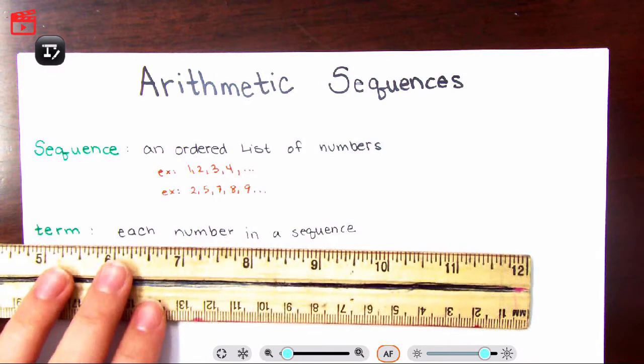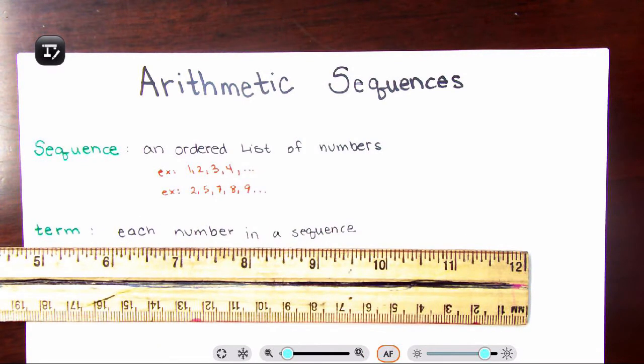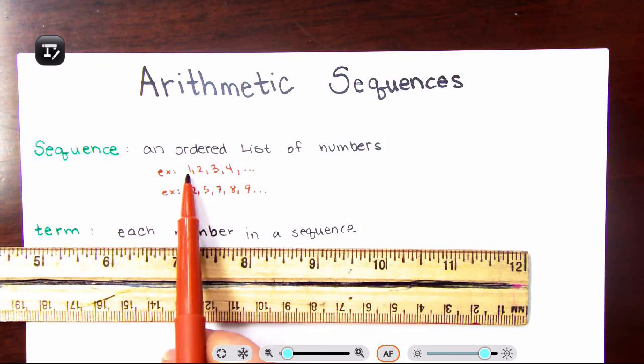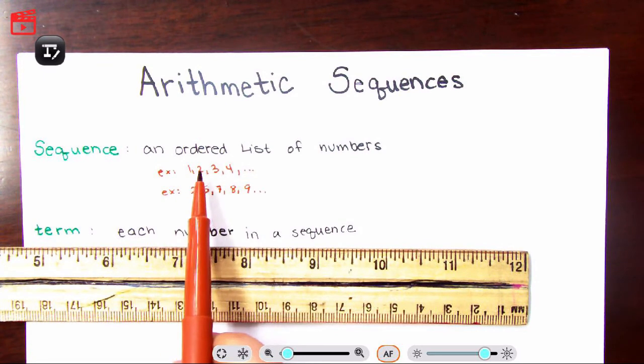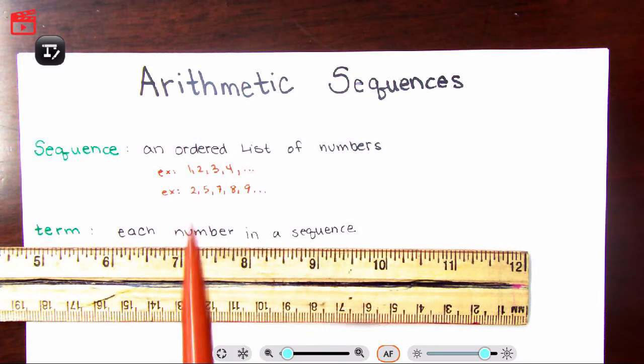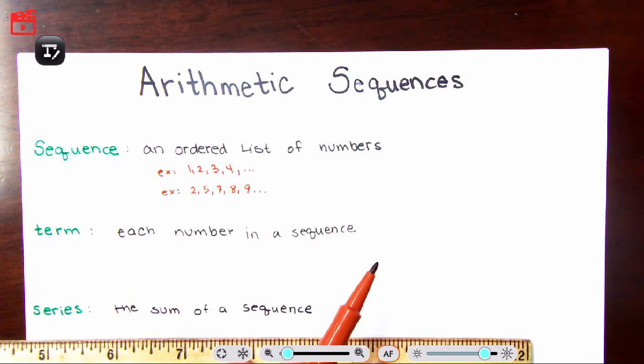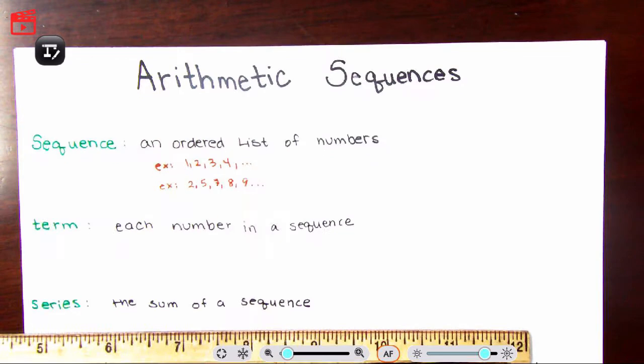Now, a term is each individual number in the sequence. So for example, 1 here is a term, 2 is a term, 3 is a term, 4 is a term. Each individual number is a term. We are going to talk about series in another video.